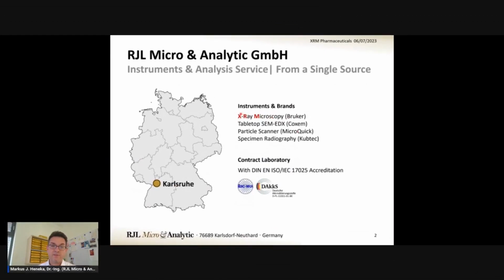From the brands and instruments we are using, I'm going to speak today mostly about the X-ray microscopy systems brought by Bruker Microcity, but we also use customer contact scanning, tabletop semi-leaks and particle analysis instruments, and even specimen radiography. Our laboratory is equipped with an accreditation according to ISO 17025.